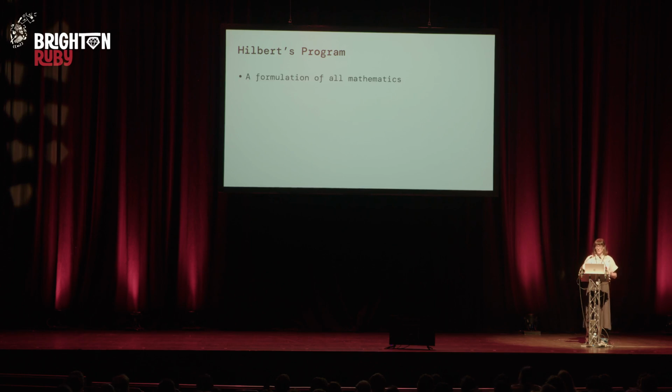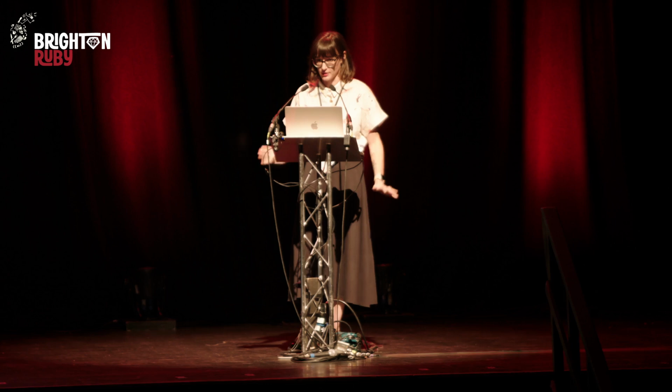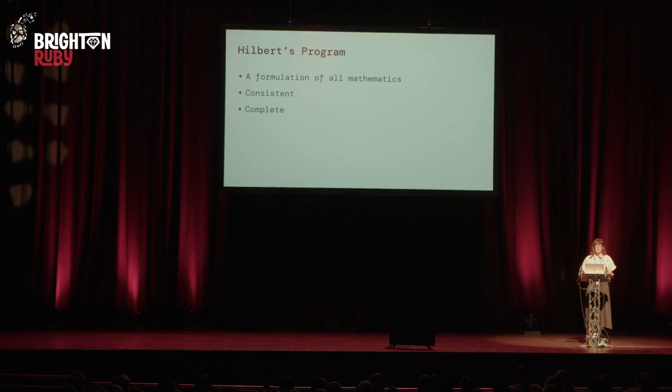And this required a formalization of all mathematics, a precise language for all mathematical statements with well-defined rules. Then Hilbert also wanted this formulation to be consistent, so he wanted to have a proof that this formulation will never lead to contradictions. Of course, he wanted his formulation to be complete, ensuring that we could prove every mathematical statement.